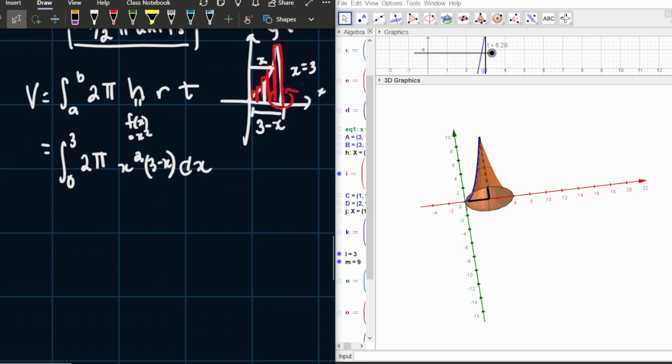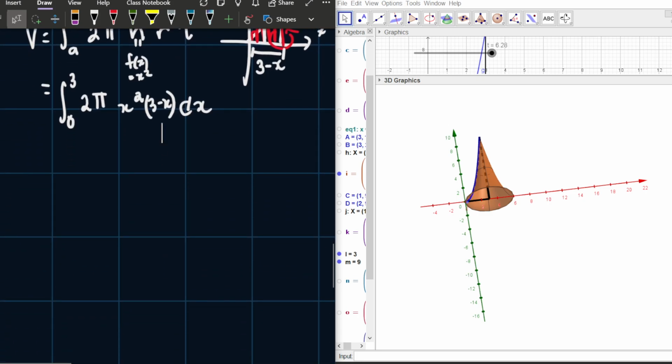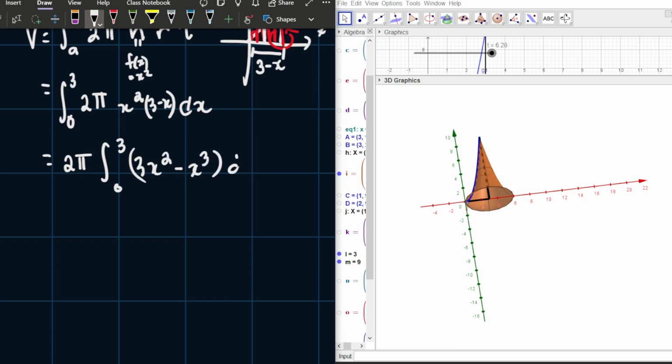So, radius is 3 minus x. And ito na yung setup ng ating integral that will give us the volume. Okay, so simplifying this one, let's factor out 2 pi. Then, definite integral from 0 to 3. We have here 3x squared minus x cubed dx. Okay, apply FTC2. So 2 pi x cubed minus x to the fourth over 4 evaluated from 0 to 3.